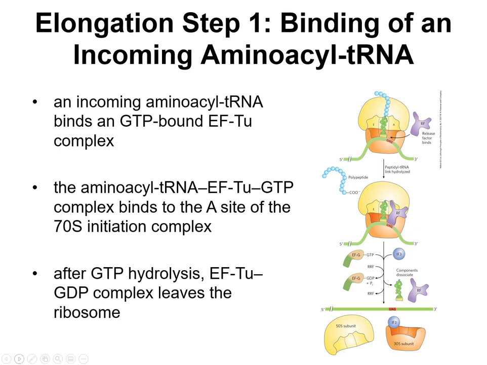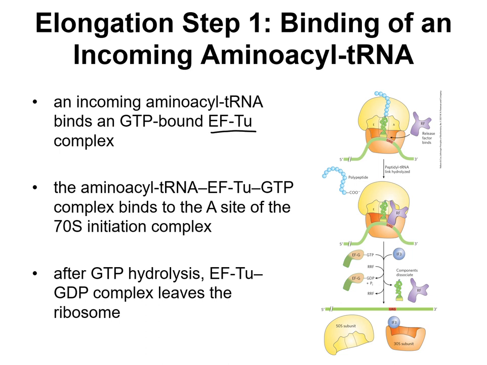There's an incoming aminoacyl tRNA that binds to EF-Tu, and EF-Tu has GTP bound to it. That whole complex will bind the A site of the 70S initiation complex. Remember that the A site is the aminoacyl site, which is going to provide the new amino acid that's going to get added onto the chain.